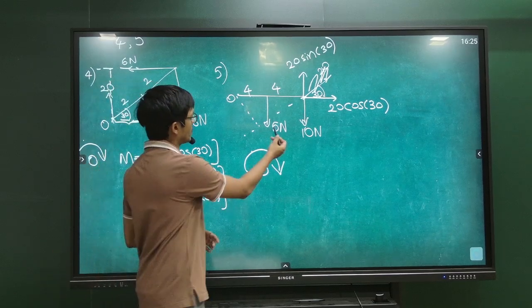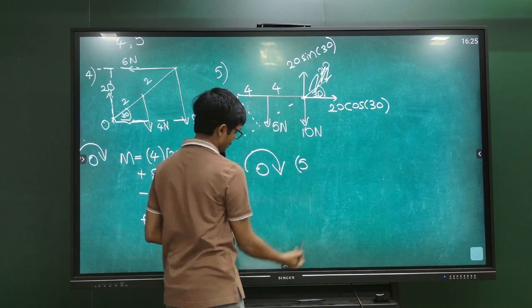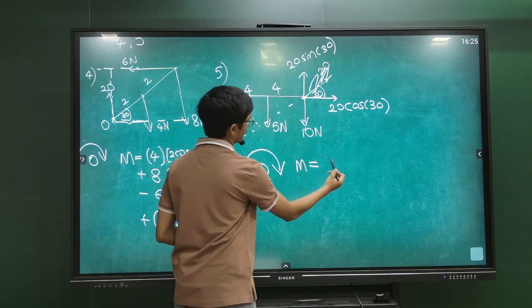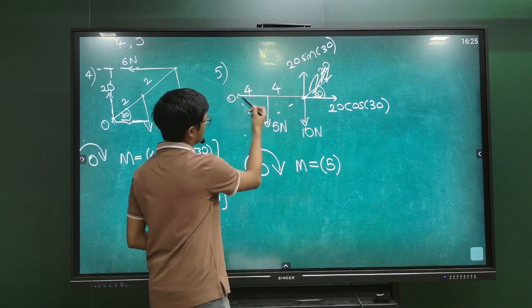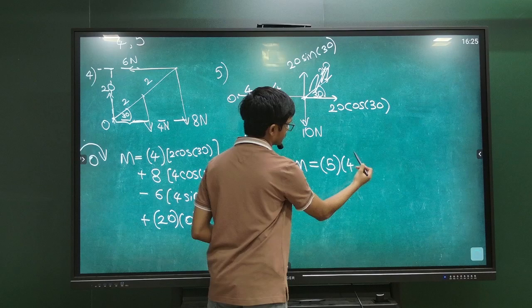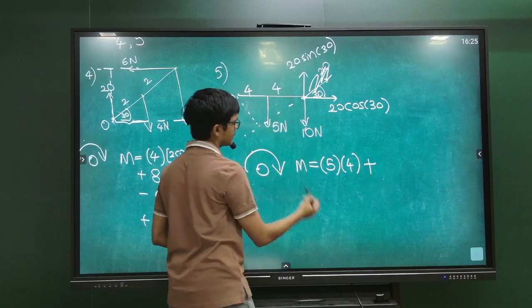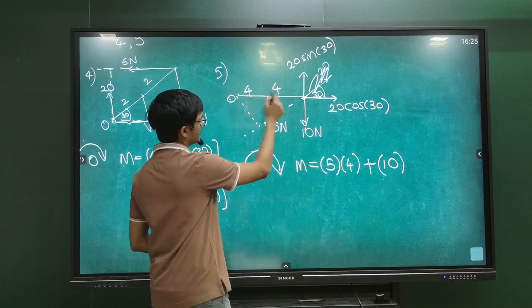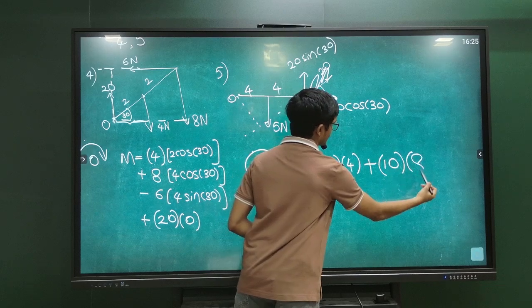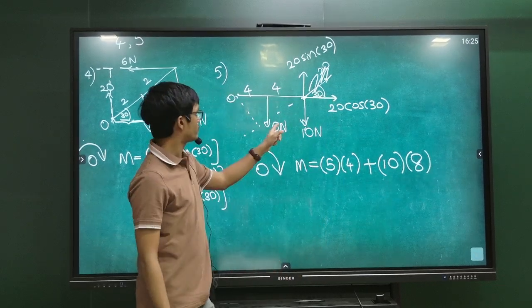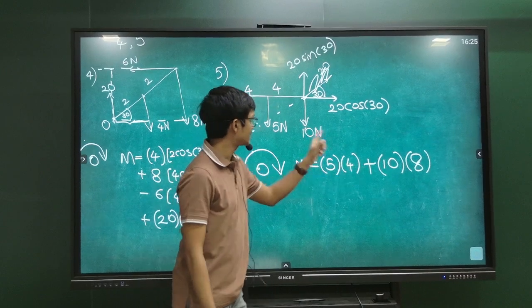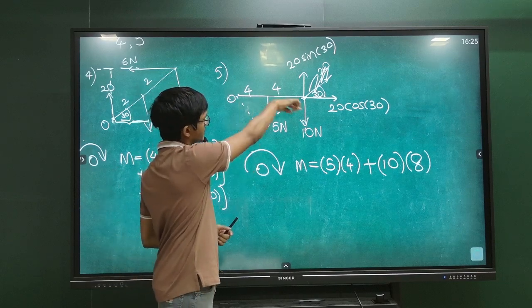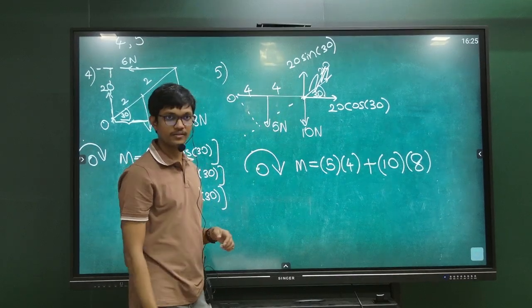So 5 Newton, M equals 5, length 4, plus 10, length 8. 5 into 4 plus 10 into 8, clear?